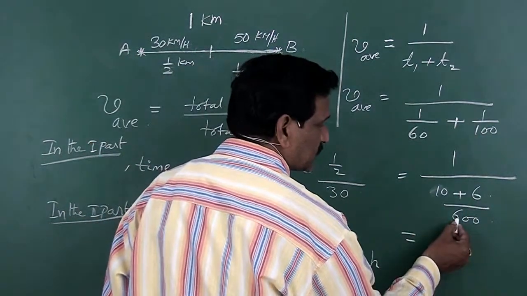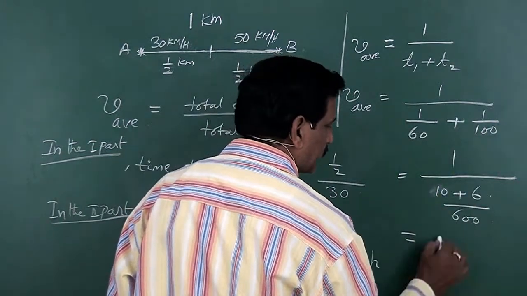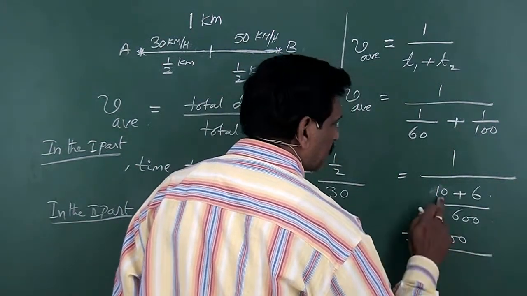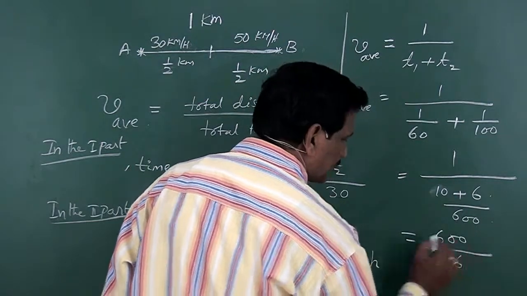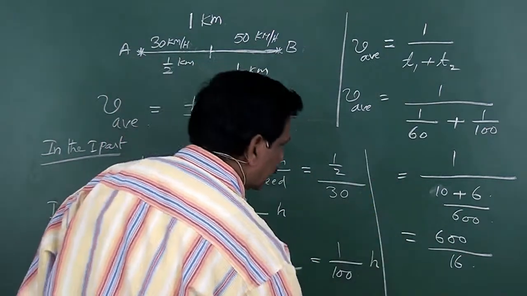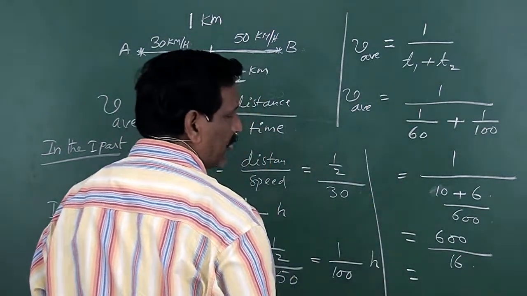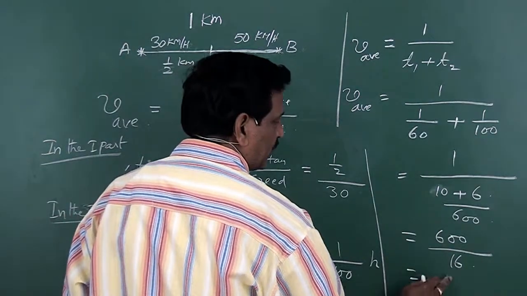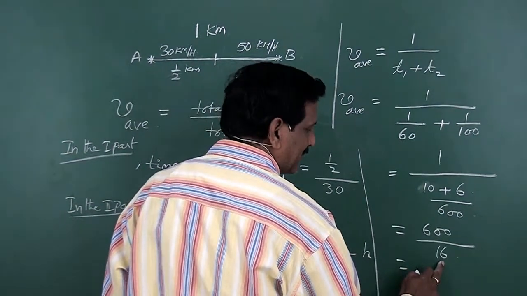So this is equal to, this 600 goes to the numerator. So, 600 by 10 plus 6 is 16. Then you can write this is equal to 16, 3 times, 16 3 is 48.